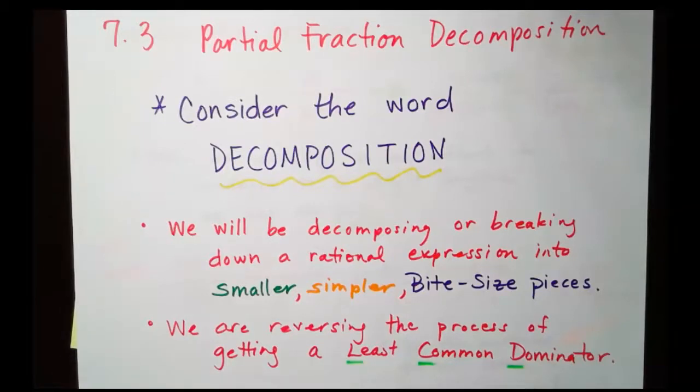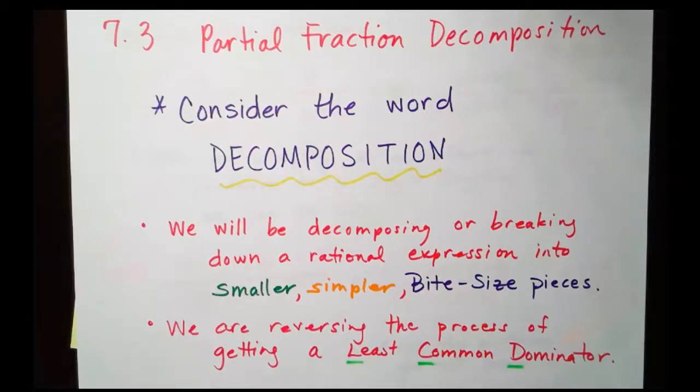So first of all, consider the word decomposition. We are going to be taking apart something that has been composed, breaking down a rational expression into smaller, simpler, bite-sized pieces. That's what this section is all about. This section is essential knowledge for moving on to do calculus.